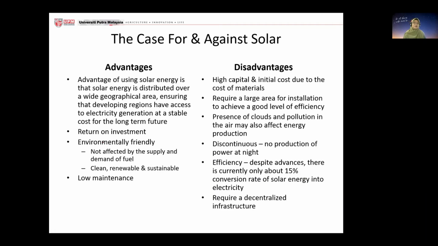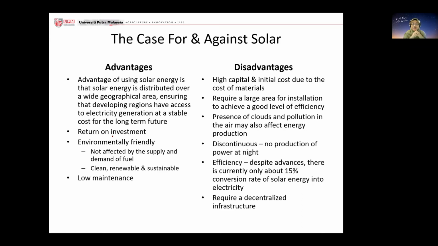Next, we look very briefly at the advantages and disadvantages. Of course, the advantage of using solar energy is that across the world, we do have access to the sun.